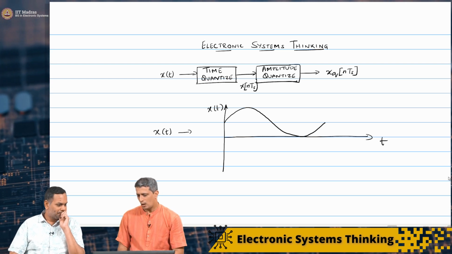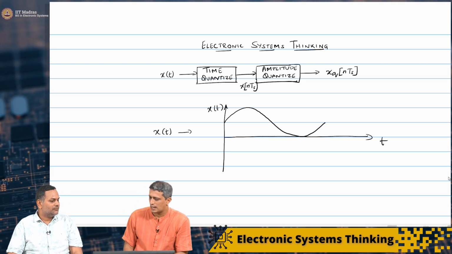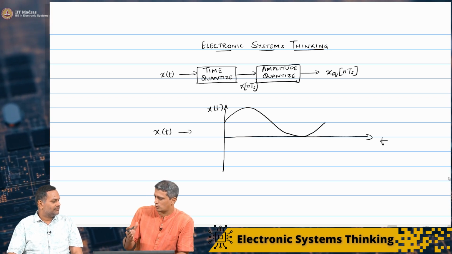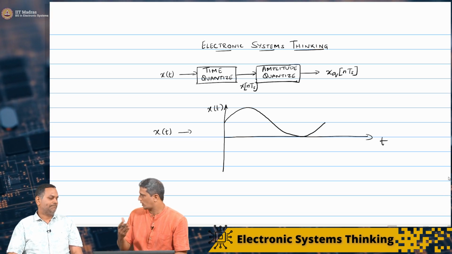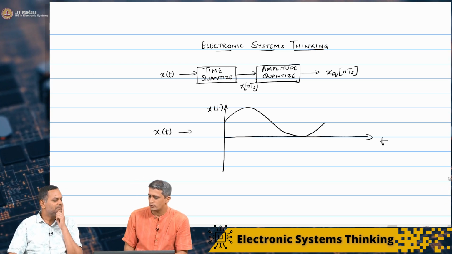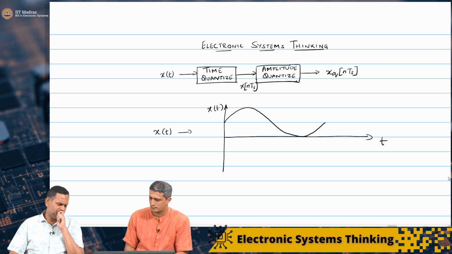Now what I want to do is time quantize and then amplitude quantize, step by step. How do you think we should proceed with this?